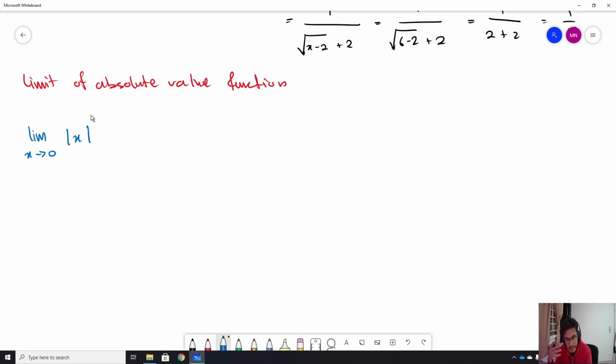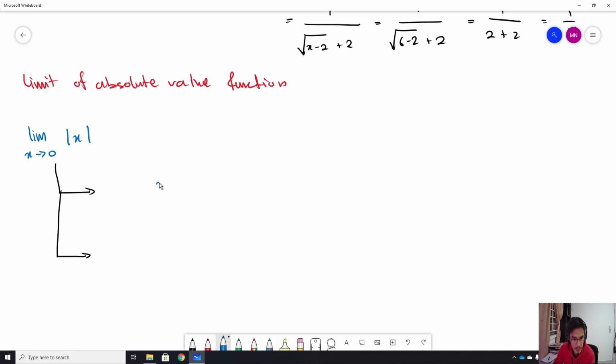So we know that when we have a function for a modulus, it means there will be a positive and a negative of that function. So this function limit can be separated into two.